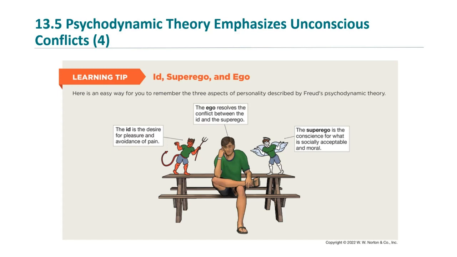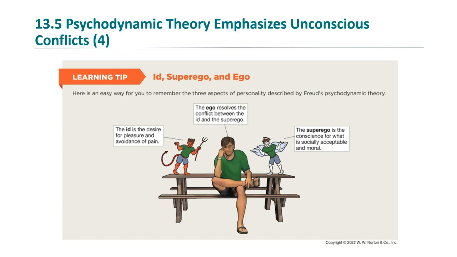If the id had a motto, it would be, if it feels good, then do it. The id wants to have sex. If somebody makes you angry, it wants to fight them. If the id sees a delicious cake, it wants to eat it.